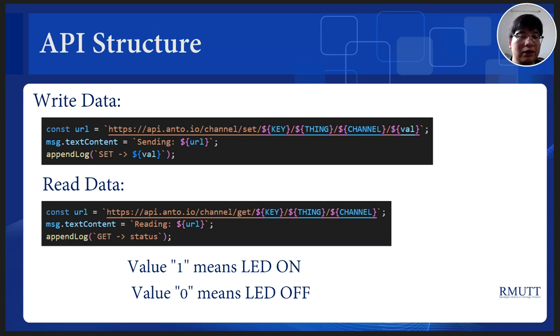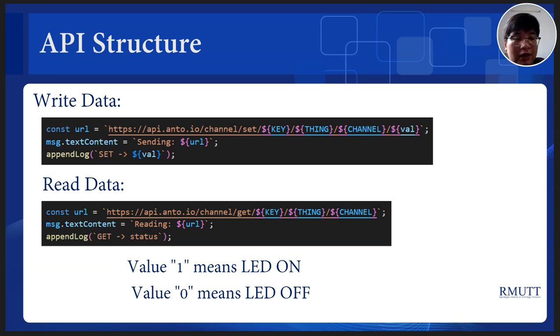Now I will explain the API standards used in this project. To write data to the cloud, we use the endpoint channel set. To read data from the cloud, we use channel get.